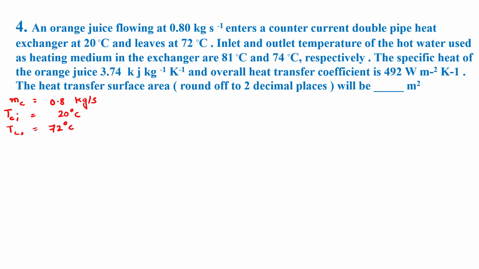Inlet temperature of the hot water is 81 degrees Celsius, and outlet temperature of the water is 74 degrees Celsius. Specific heat of the orange juice is 3.74 kilojoule per kg Kelvin. And overall heat transfer coefficient is given as 492 watt per meter square Kelvin.